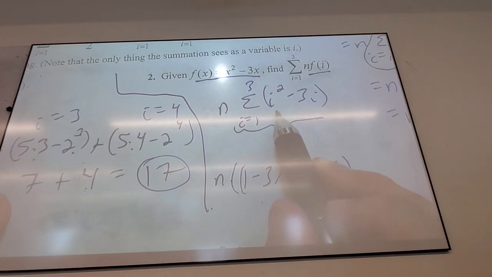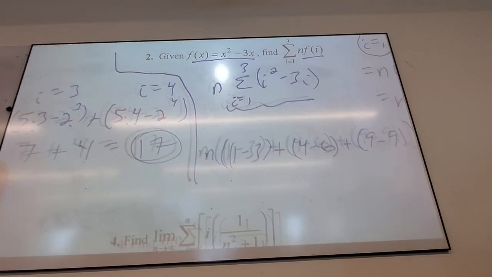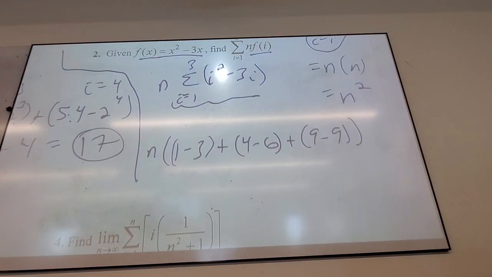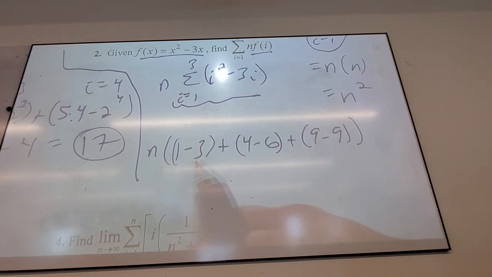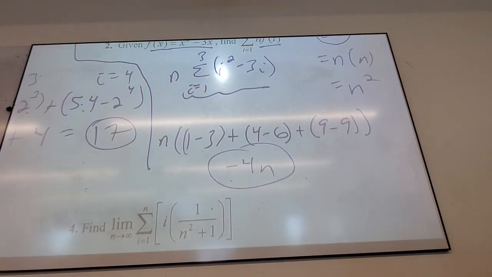Is everybody with me? Just plug a 2 in, now plug a 3 in. 9 minus 9. So then you get negative 2 plus negative 2 plus 0, negative 4n.